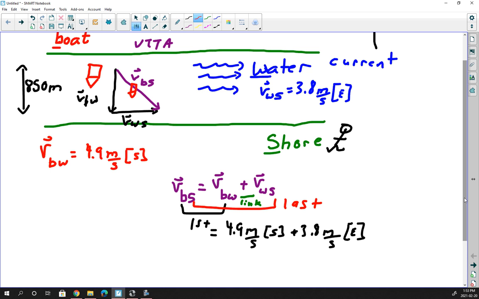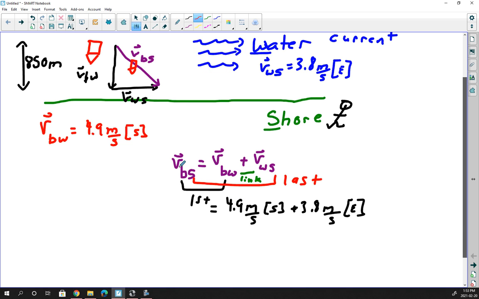Now, we want to describe the magnitude of velocity of boat to shore and its direction, right? So we want the magnitude of boat to shore. And that's Pythagoras, right? The boat to shore ends up being the hypotenuse of a right angle triangle. There's the right angle.